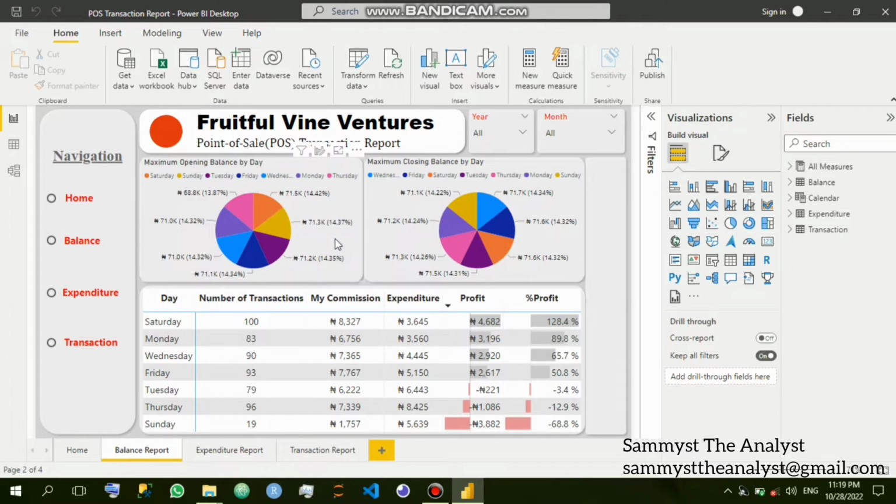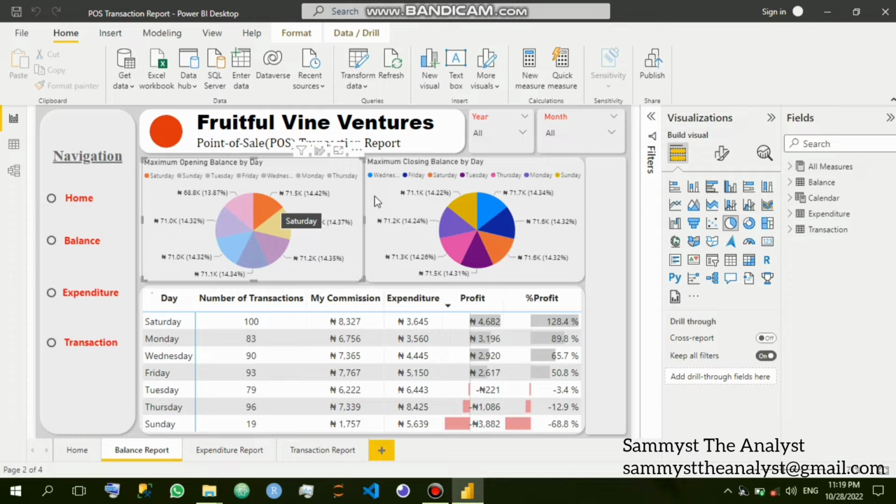Now when you look at all this data, you discover that this particular one has the highest, which is over 71,500 naira, which represents 14.42%. And this day was on a Saturday. Yes, it was on a Saturday. So Saturday has the highest maximum opening balance by day.